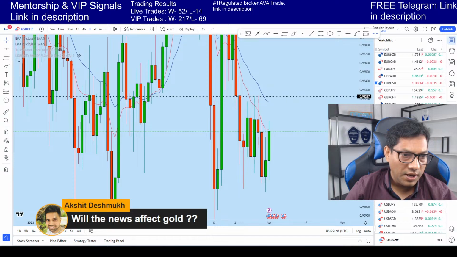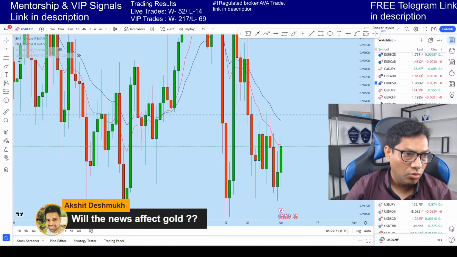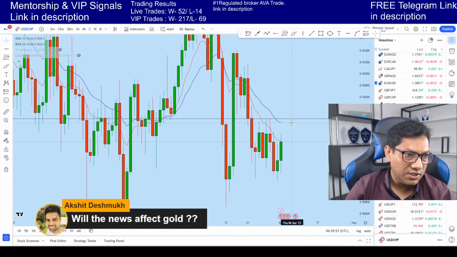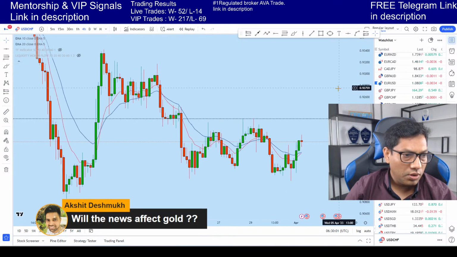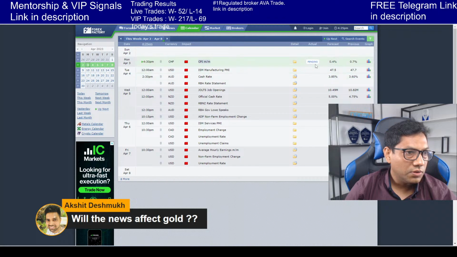That could be a very good area where the price might test this level, and then we might see the price coming back down again. So let's see the news. It says pending. Let's see what's pending.